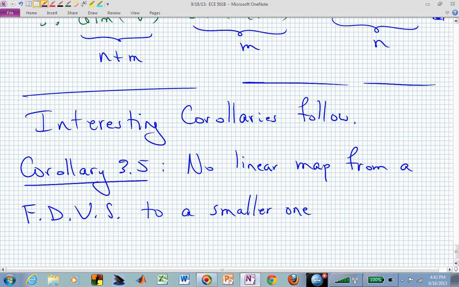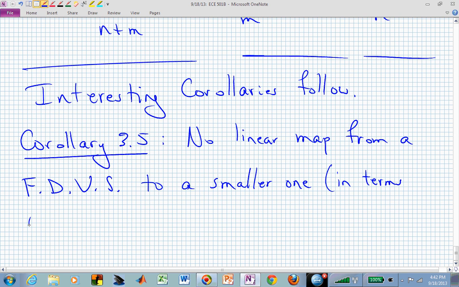No linear map from a finite dimensional vector space to a smaller one can be, fill in the blank. So now we're going from a large domain into a smaller codomain. To fill in the blank, I'll give you two options, injective or surjective.